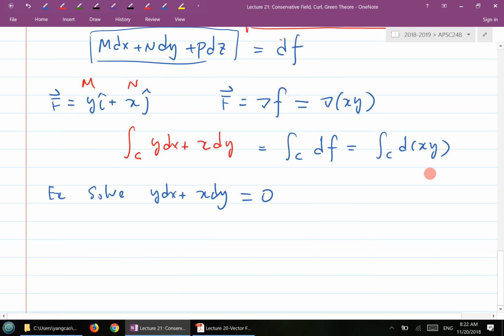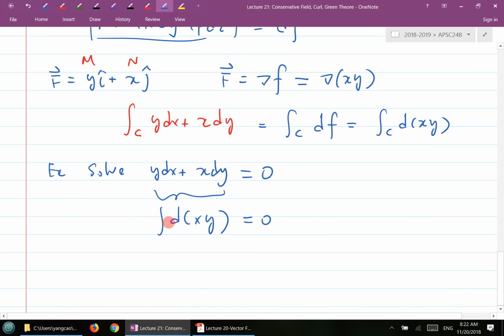Now, if you're able to identify that this piece here is basically d(xy), and that d(xy) equals 0, then you integrate both sides and you get xy equals a constant c. That's the solution. And this is basically called an exact differential.